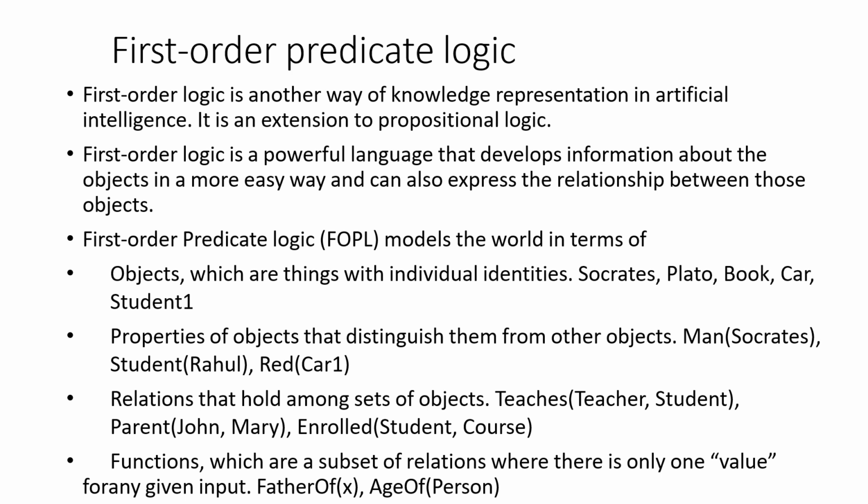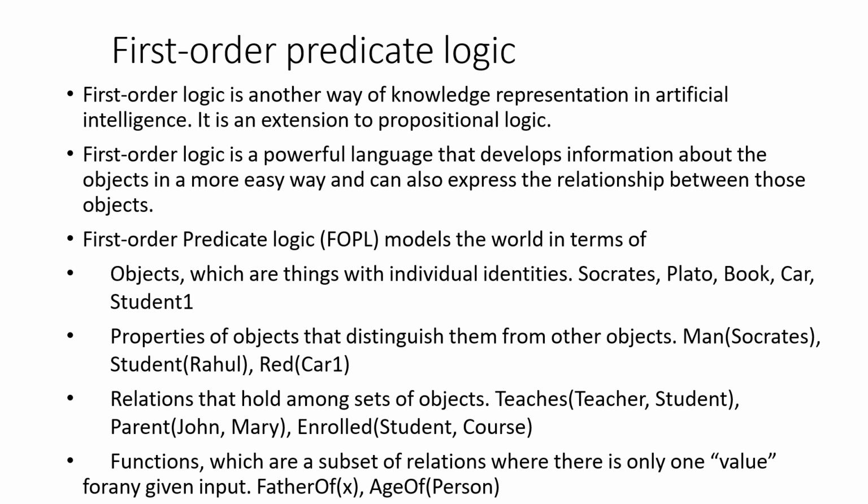Next, we will see first order predicate logic. First order predicate logic is another method of knowledge representation used in AI. It is an extension of propositional logic. Propositional logic only talks about facts.